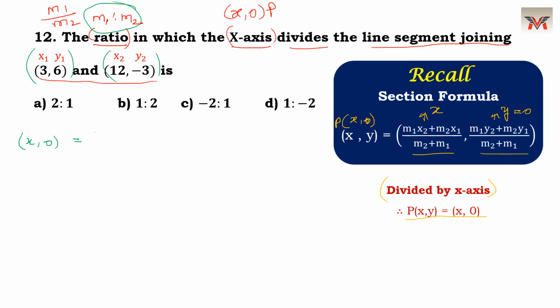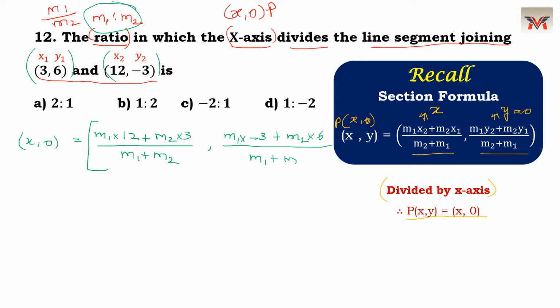It becomes m1 into x2, that is 12, plus m2 into x1, that is m2 into 3, divided by m1 plus m2, the first part. The second part becomes m1 into y2, here y2 is minus 3, plus m2 into y1, that is m2 into 6, divided by m2 plus m1, or m1 plus m2.